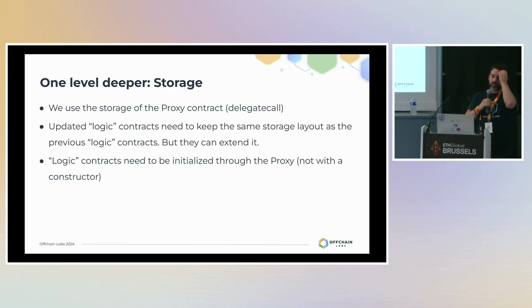Then what happens with the storage? Because we are delegate calling from the proxy, we are using the storage space of the proxy contract, right? And this is important because otherwise we would use the storage space of the logic contract, and if we change it, well, we lose all the information, right? So one thing to keep in mind when upgrading is that you need to keep the same storage layout as the previous logic contract.